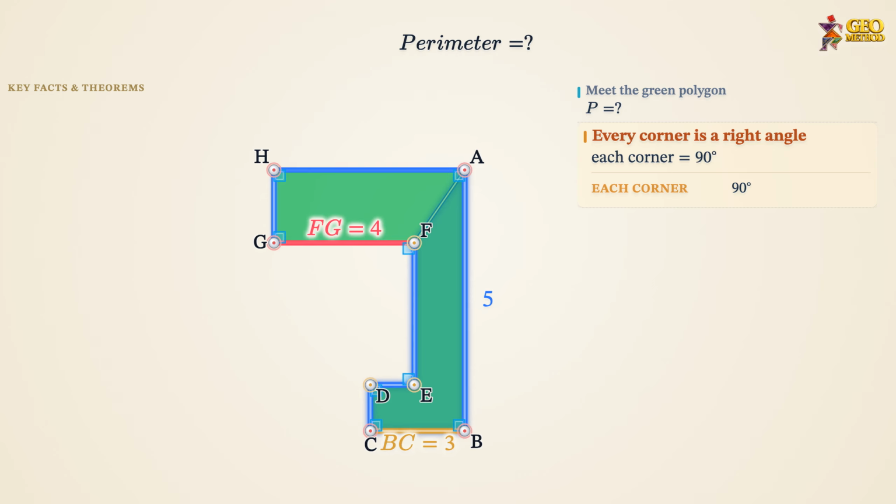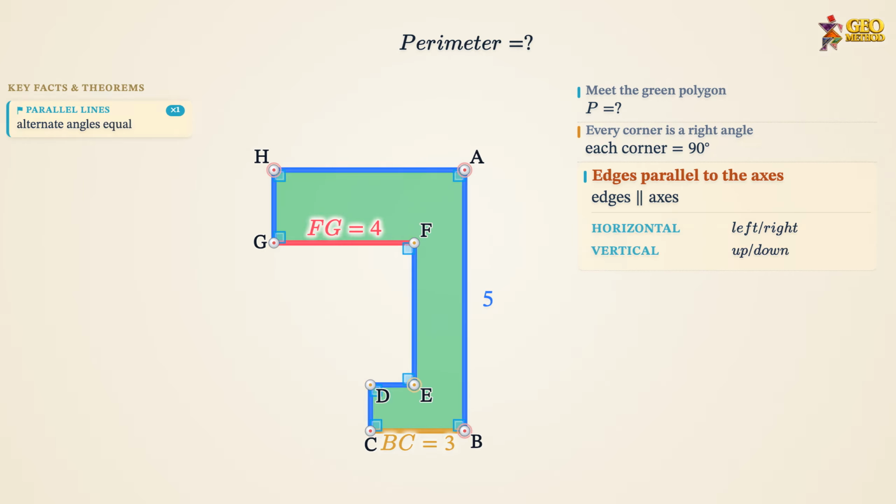That single structural fact is the key because it forces each edge to be perfectly horizontal or perfectly vertical with nothing slanted. Because of those right angles, each side is parallel to one of the axes. So the whole boundary is built from just two kinds of edge, horizontal ones and vertical ones.